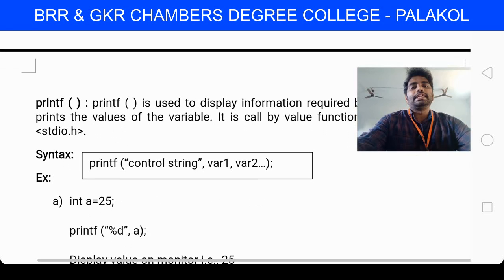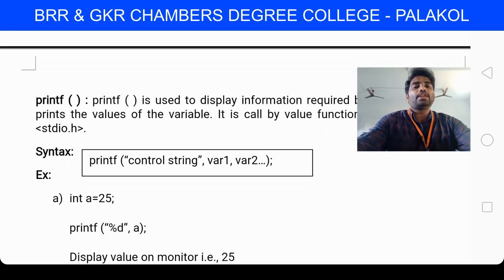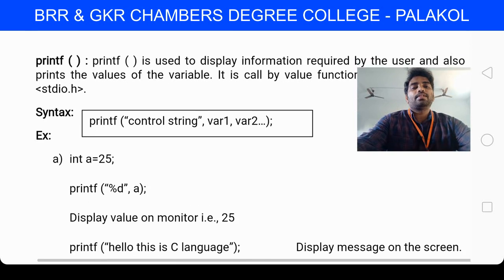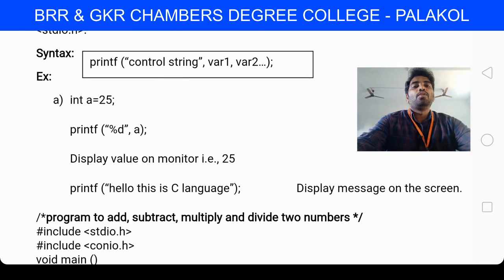Next one, int a = 25; the value 25 is already assigned and stored in a. printf("%d", a); displays the value 25 on the monitor.